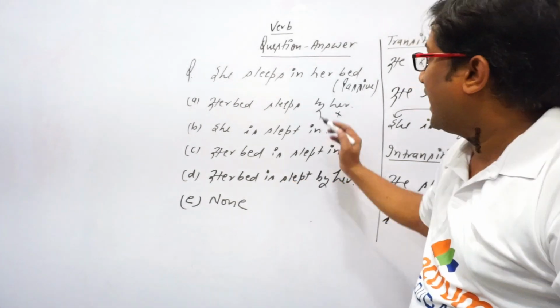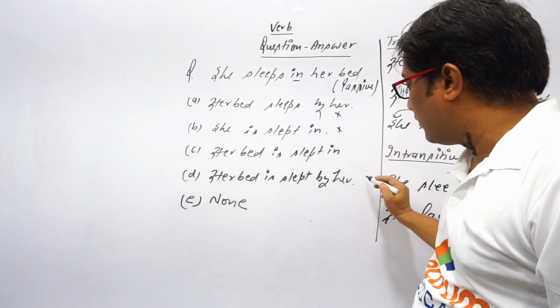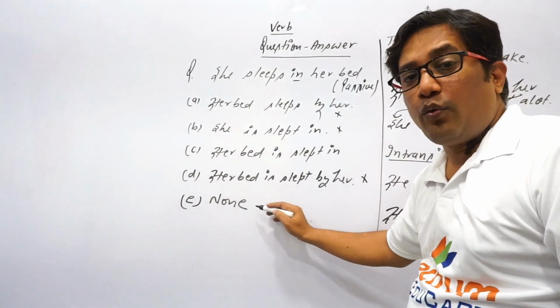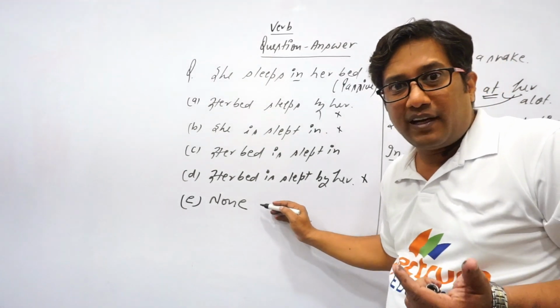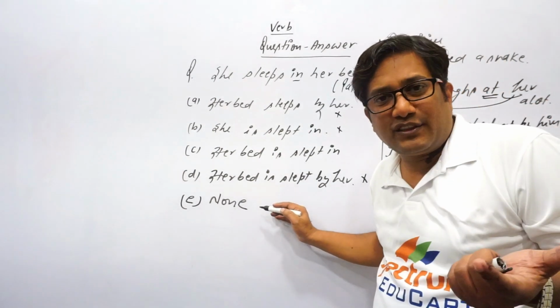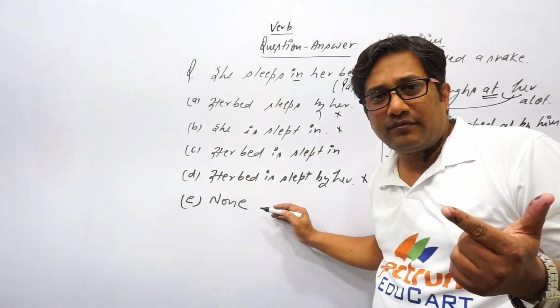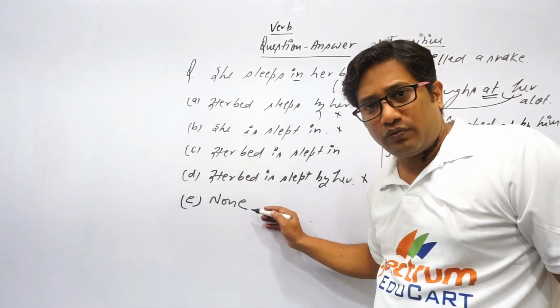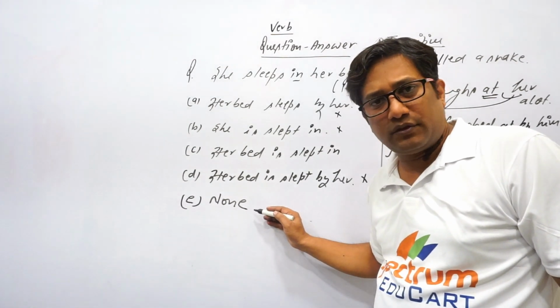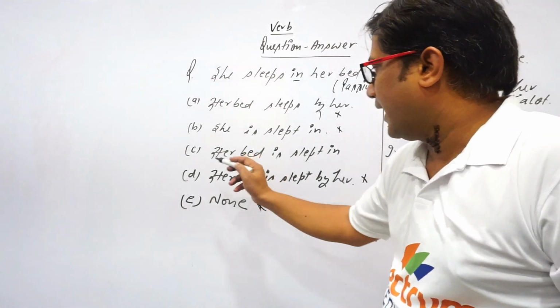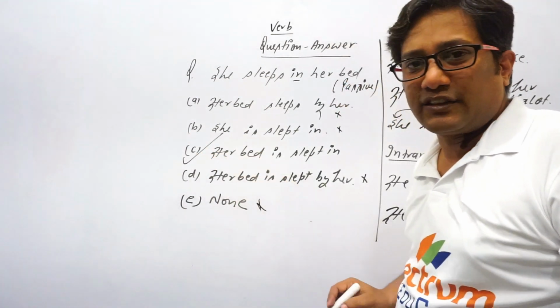Now this option has removed this, so that can never be an option. None: some of the students go with none because they have learned that an intransitive verb cannot be converted into passive. So some of the learners go with this option by mistake. So this is also not an option. So which is the right answer? And this is the right answer.